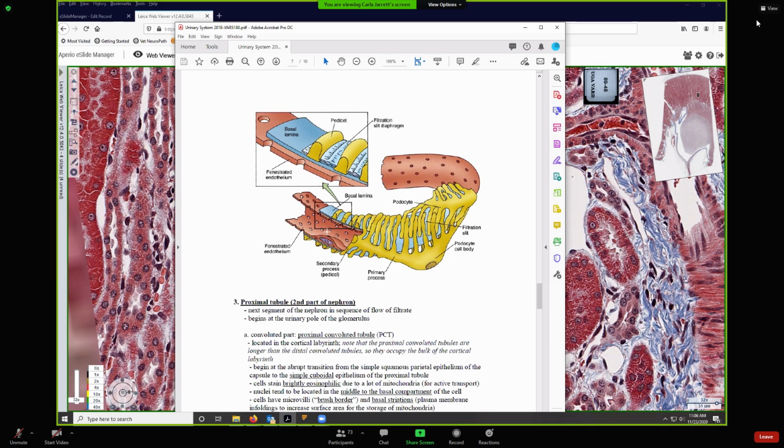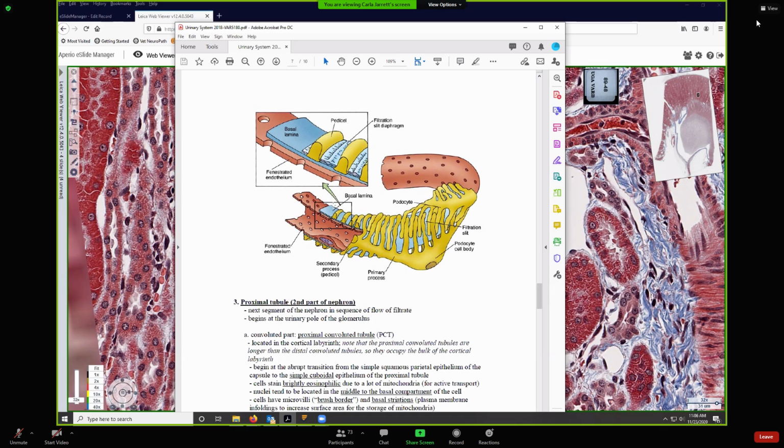And the capillary itself has a fenestrated endothelium. So you've got your fenestrated endothelium, which is a little bit leaky. And then you've got this specialized basement membrane, which is shared between the capillary and the podocyte layer. And that is what, of course, the filtrate of the blood must pass through.